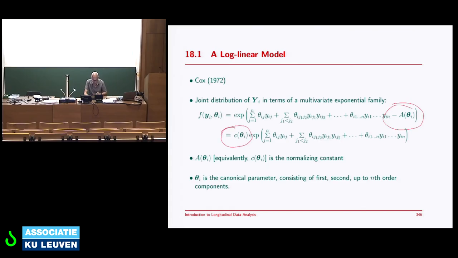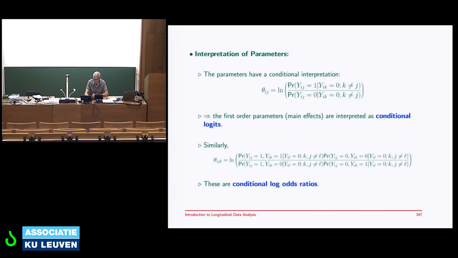Here it's written multiplicatively, but the C and the A coefficients transform into each other. Exercise, write down the transformation from C to A and from A to C. Interpretation of the parameters, well, you can work out, and again, you can look it up or do it as an exercise, but that's just for your own interest and confirmation. It's really not necessary to do it.